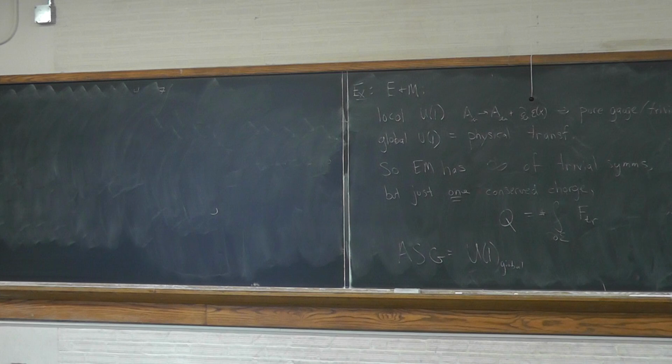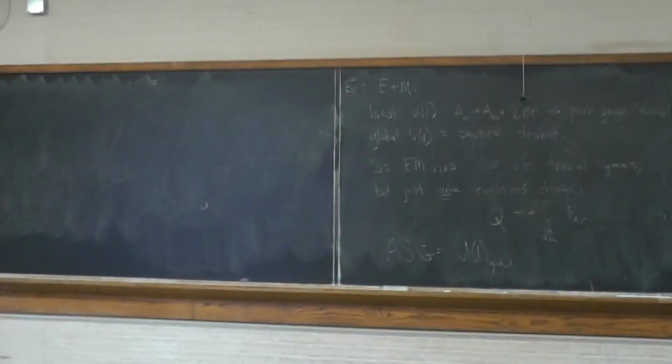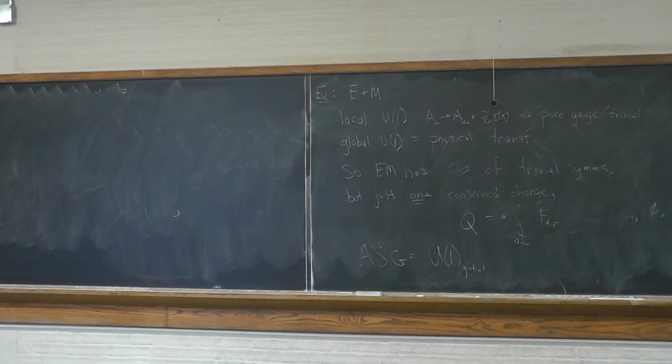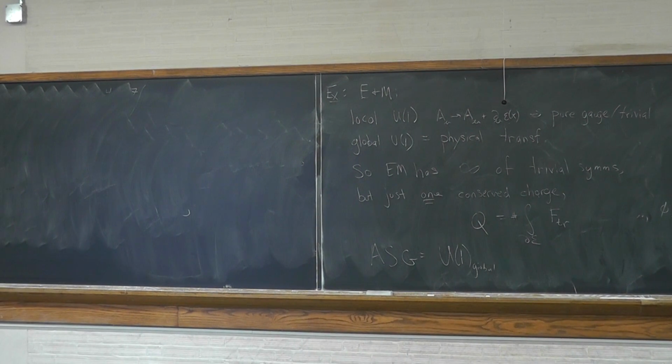And it had to be that way because generic gravitational backgrounds have no symmetries. Once you add some matter, you're going to break all the symmetries. It's not time translation invariant. It's not Poincare invariant. So the only way we could have had conservation laws in gravity is if we didn't actually require exact symmetries, and that's exactly what happens. We only require asymptotic symmetries to get conservation.